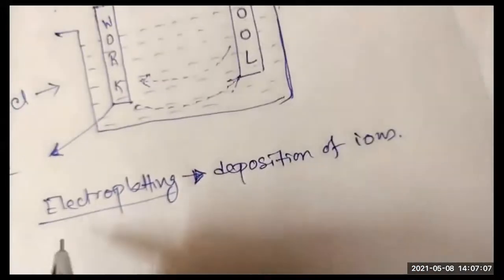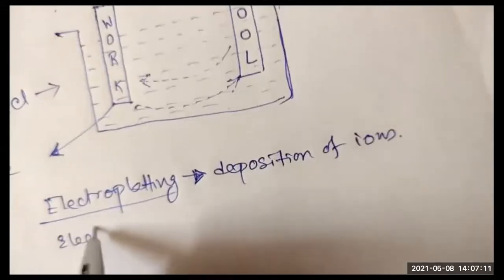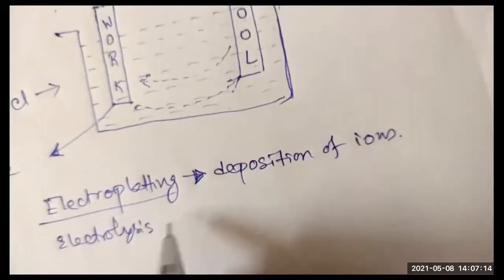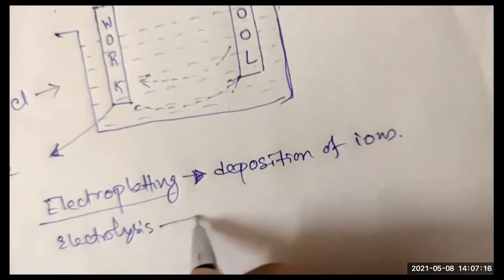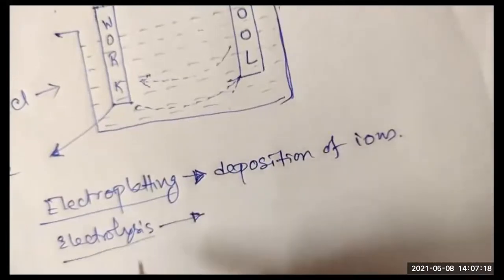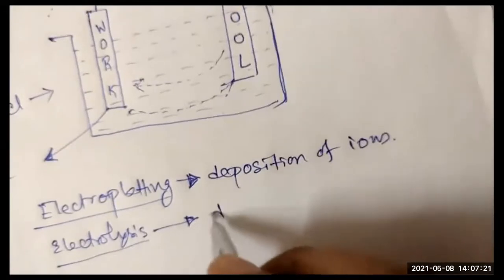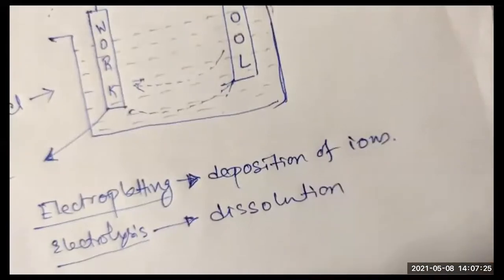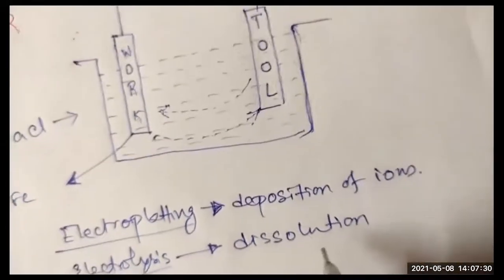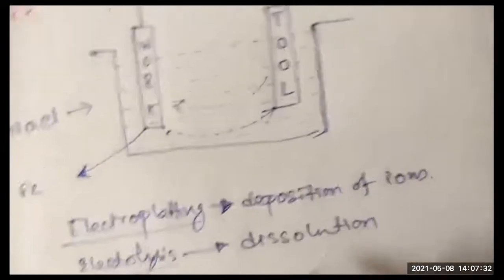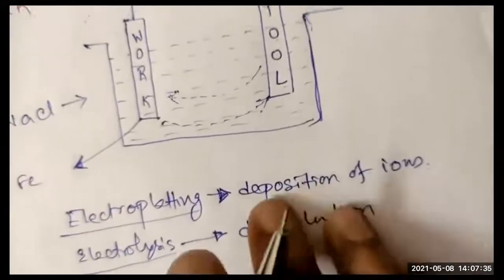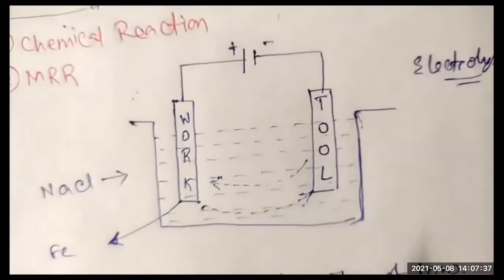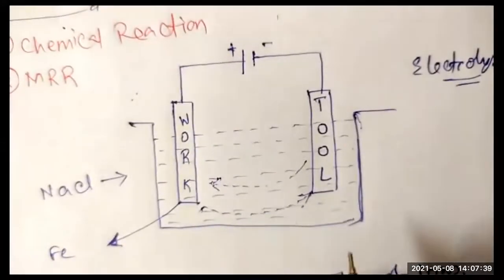And if we go for electrolysis where we need to remove material or metal, in this case we will have dissolution. This thing we have discussed in the last class also. Now let us see how the chemical reaction will take place.